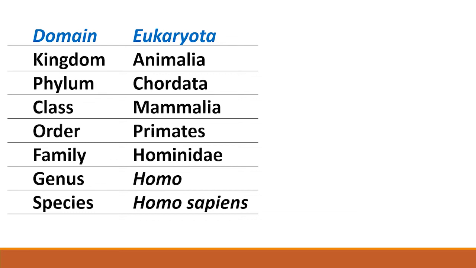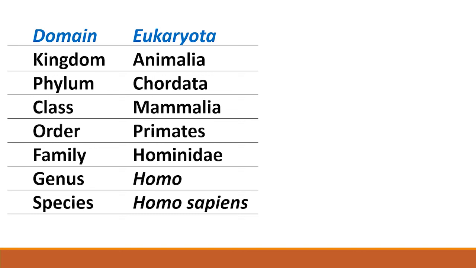The prokaryotes don't have cell nuclei, and they include creatures like bacteria and a related group called the archaea. So the Eukaryota is what we almost always think of first when we think of life, but the domain is up there. The Eukaryota is a division of life as well, above the Animalia group.